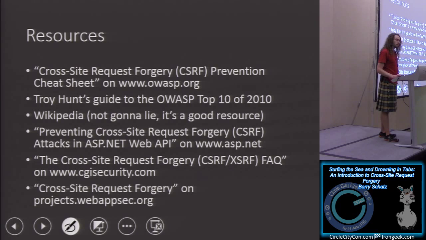Guess what? Cross-site request forgery has been on the OWASP Top 10 since well before 2010, so a guide from 2010 is still valid. I'm not kidding you. Wikipedia gives you good info too. I found a couple of other things from various websites. The links are up there.